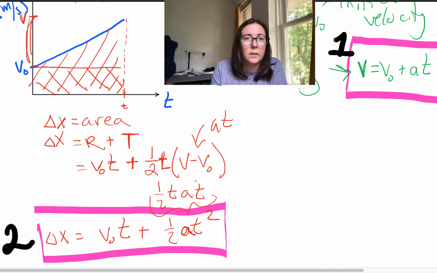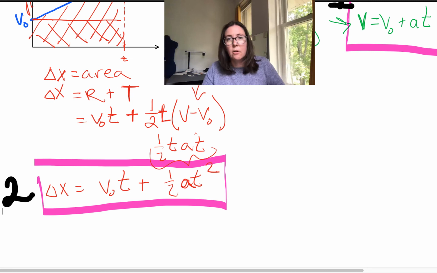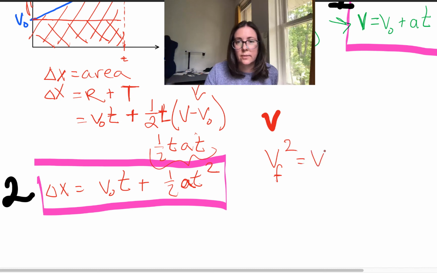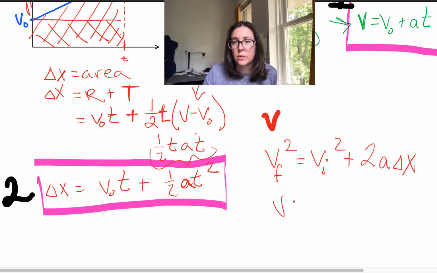The third kinematic equation, there's a lot of math involved to find it. I'm happy to go through that or point you to a resource, but our third kinematic equation is going to be that the velocity final squared is the velocity initial squared plus 2 times the acceleration times delta x, or most oftentimes written as just v squared is v naught squared plus 2a.